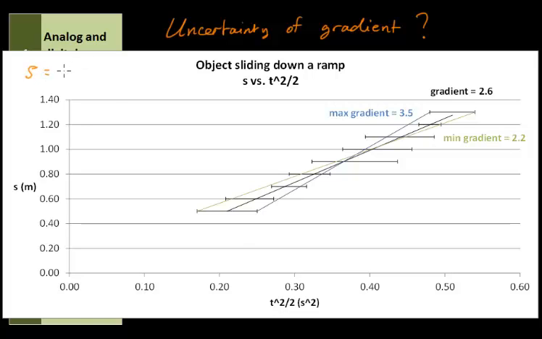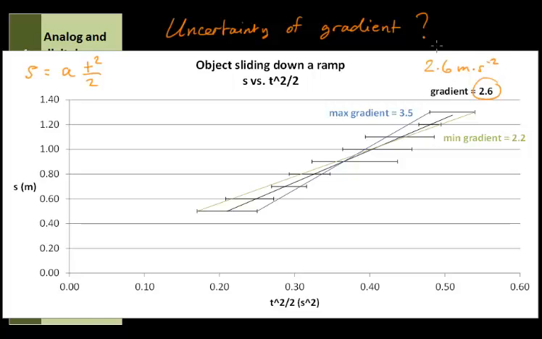Because s is equal to 1/2 at squared, so s is equal to at squared over 2, meaning that a should be the gradient of the s versus t squared over 2 graph, right? We have something that looks like y equals ax. So since s is equal to a times t squared over 2, this gradient of 2.6 here should give us the acceleration, 2.6 meters per second squared. That's the acceleration of that object.